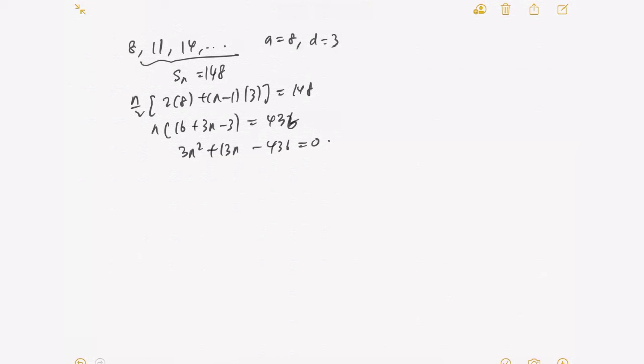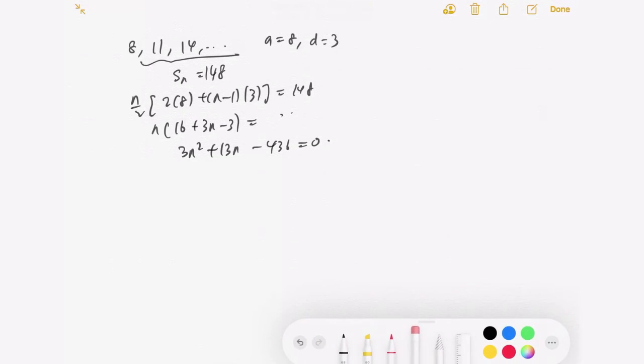Okay, sorry, I made a mistake here. It's 148 times 2, not times 3. So it's 296. So 296 can simplify.